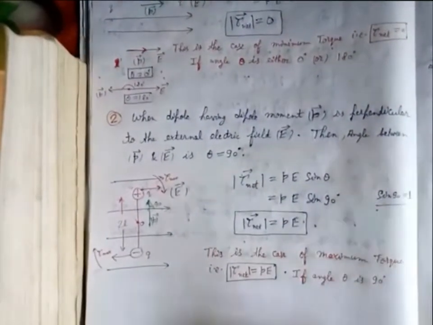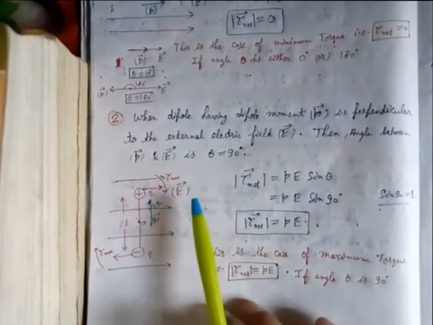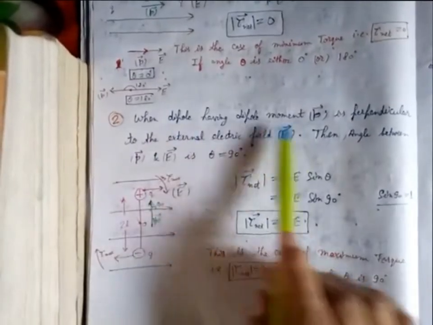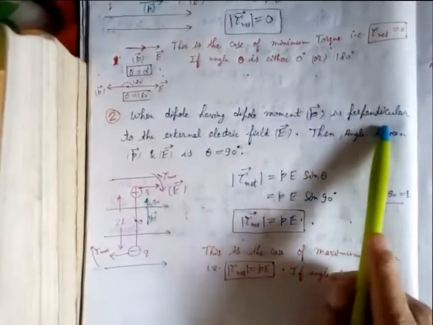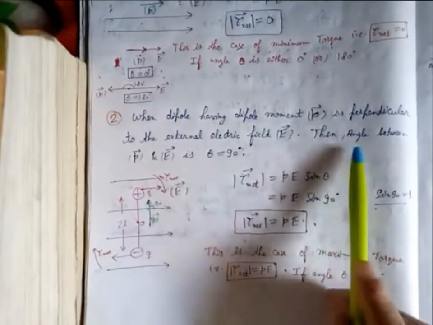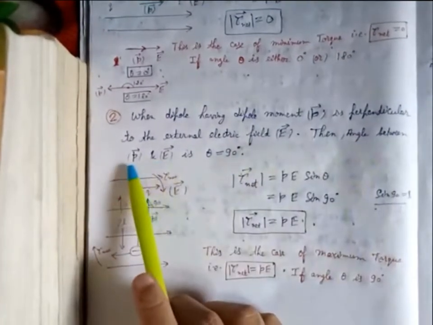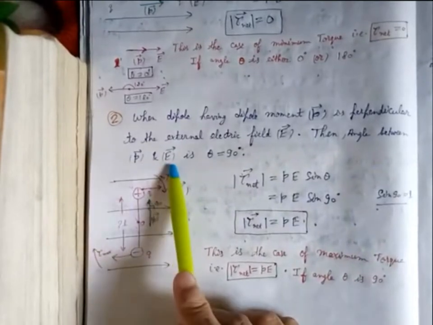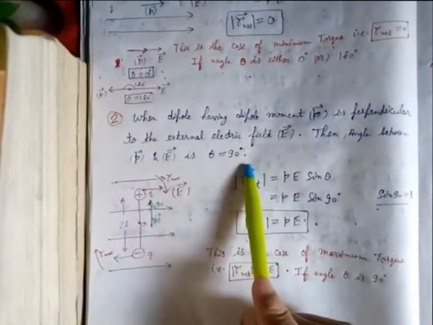Now the second case is the maximum condition of the torque, when the dipole has its dipole moment perpendicular to the external electric field. This means the angle theta between the dipole moment vector and electric field vector is 90 degree.